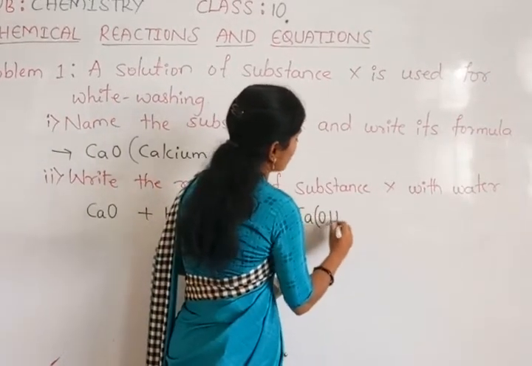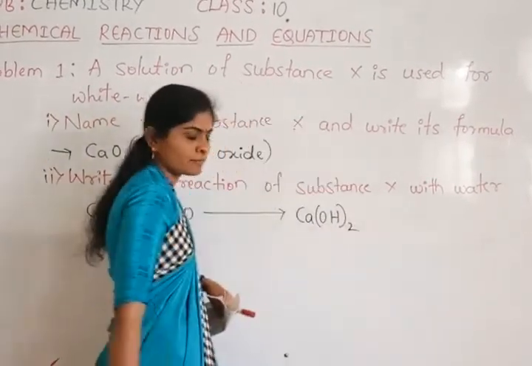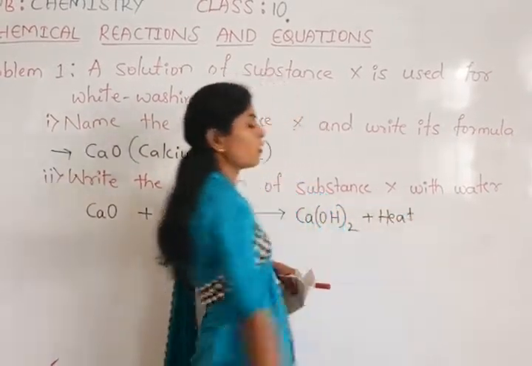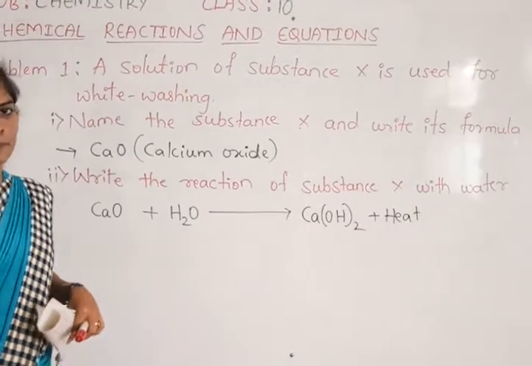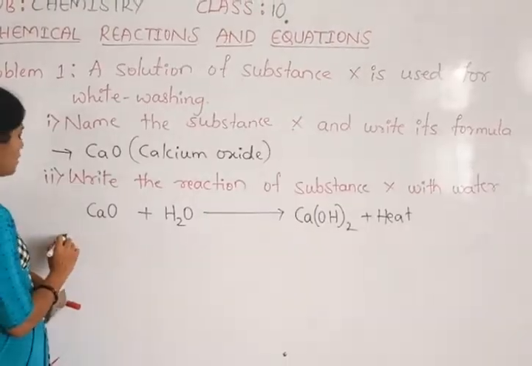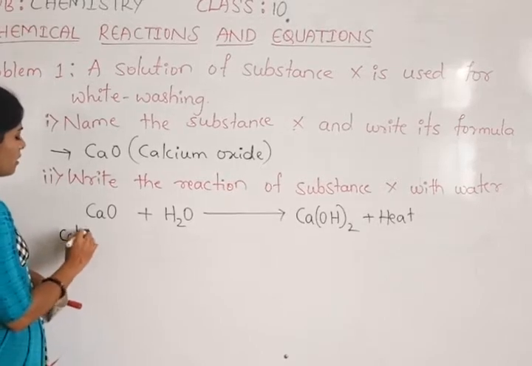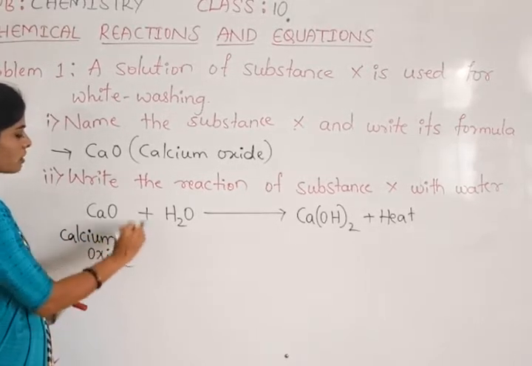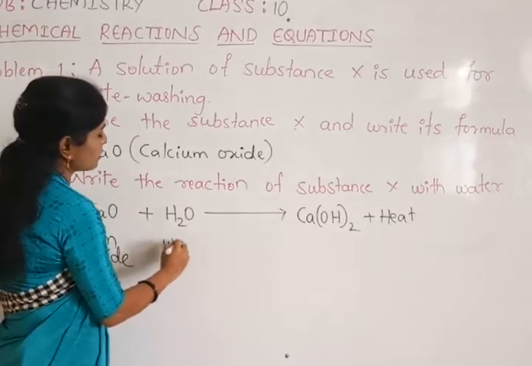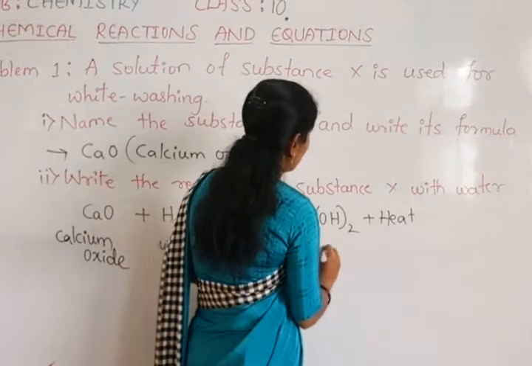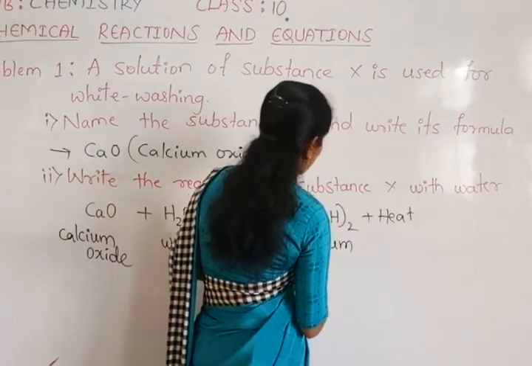Calcium hydroxide. With this, some amount of heat will also be liberated. Is that clear? If you want, I will write. I hope you know this also. So calcium oxide, this is water, and this is calcium hydroxide.